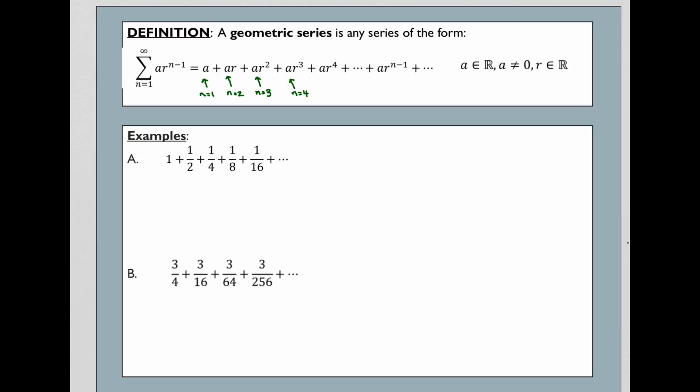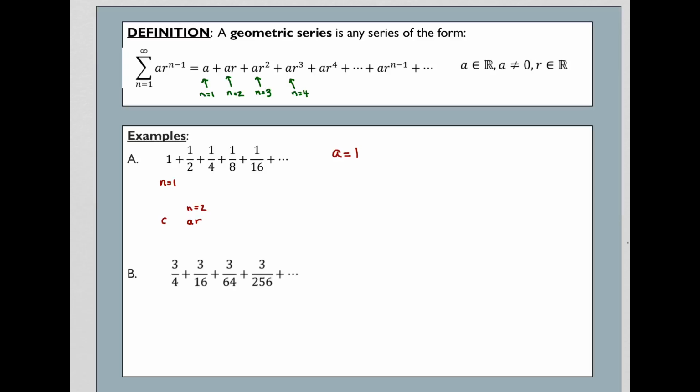In this example, let's start by identifying a. A is the first term in a geometric series, so let a be 1. Then what would be the second term? The second term, when n is 2, has to be a times r.